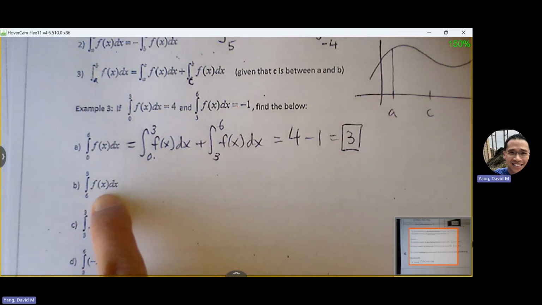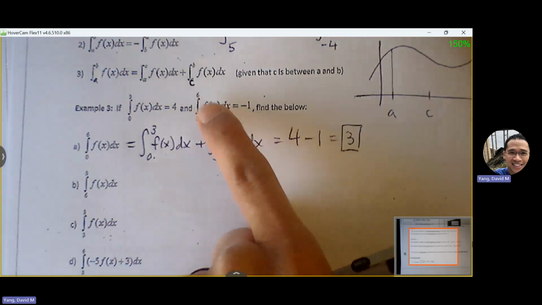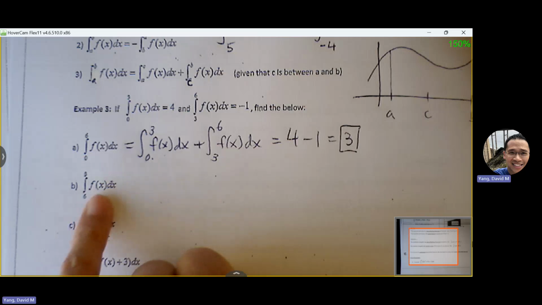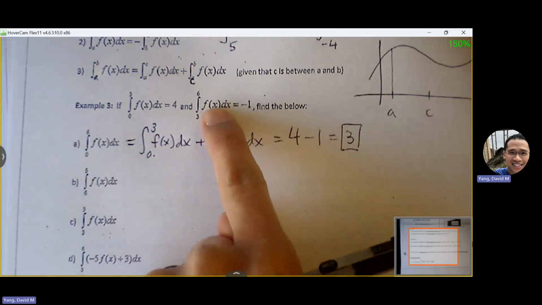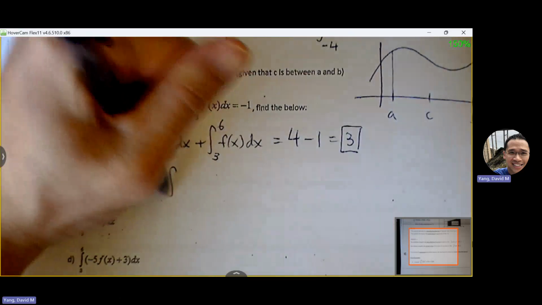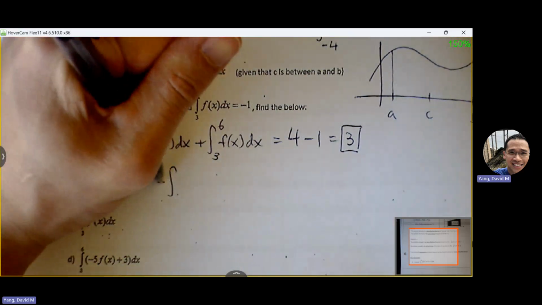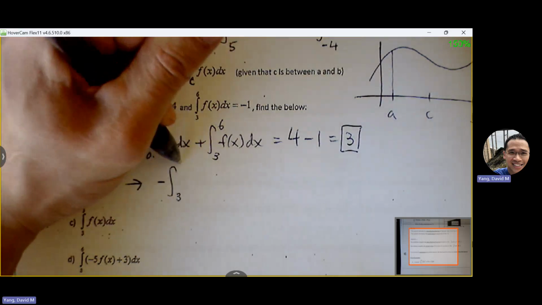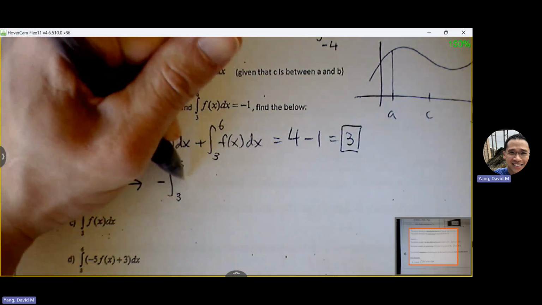We are asked about the definite integral from 6 to 3, but we have the integral from 3 to 6. So what can I do with this to make it look more like the property that I have in front of me? Flip it and pull a negative out, right? If I'm changing the problem by changing the bounds, I gotta undo that change with a negative in front.